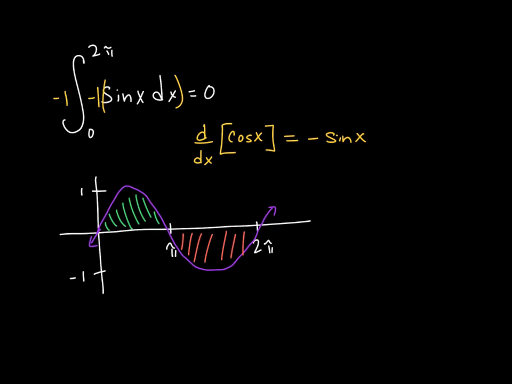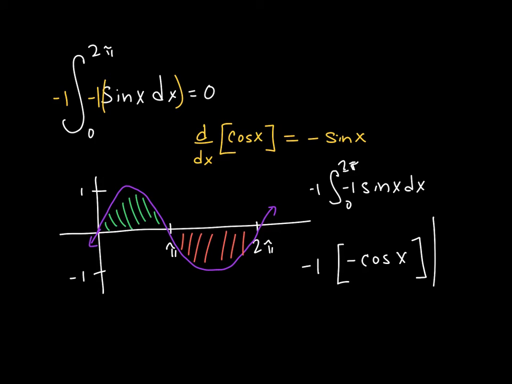To do this out mathematically, other than what we have in the geometric piece, that would give us -1 times negative sine of x dx as it goes from 2 pi to 0. So that is equal to -1 times the integral of that, which is going to be minus the cosine of x evaluated from 2 pi to 0.